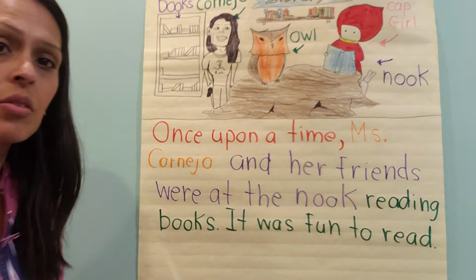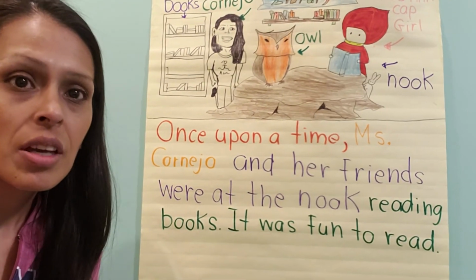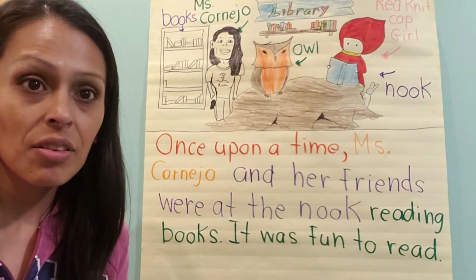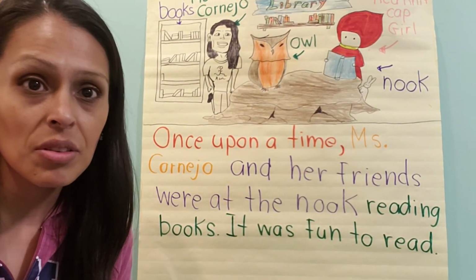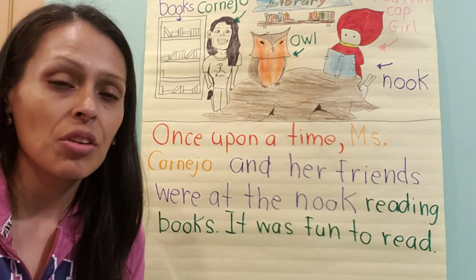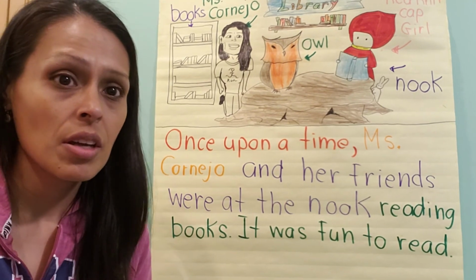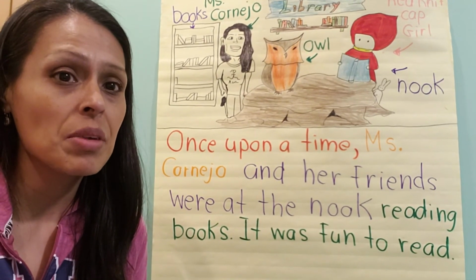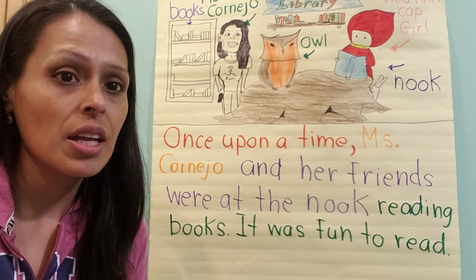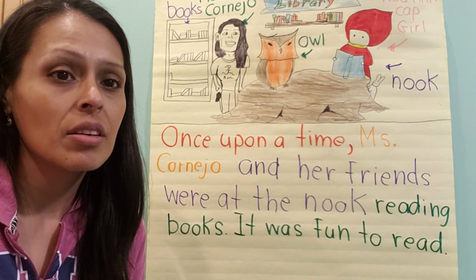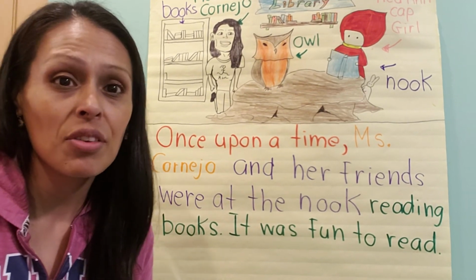Okay. So it's very simple story, but it does have your characters, which is Miss Cornejo in this case, the owl, the Nook, and a little story, just something short. Okay. So for example, mine says once upon a time, Miss Cornejo and her friends were at the Nook reading books. It was fun to read.